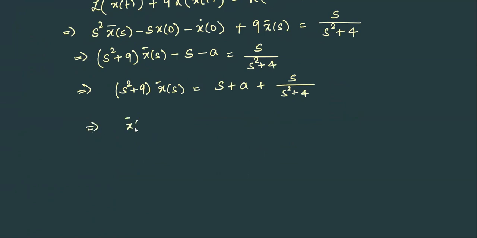So let's simplify. So x bar of s is s upon s square plus 9. This is a standard cos 3t, plus a by s square plus 9. This is a standard. It will be sine 3t we'll get.